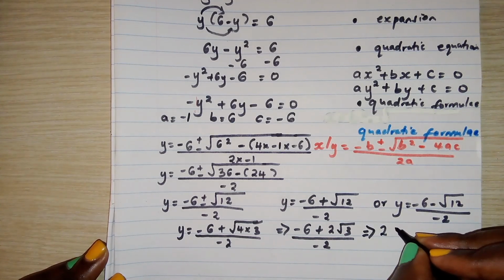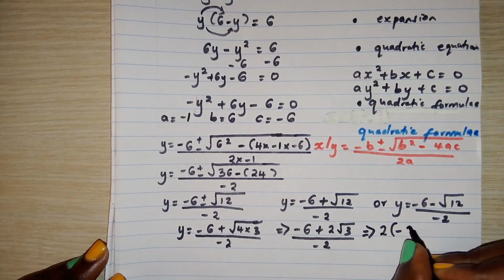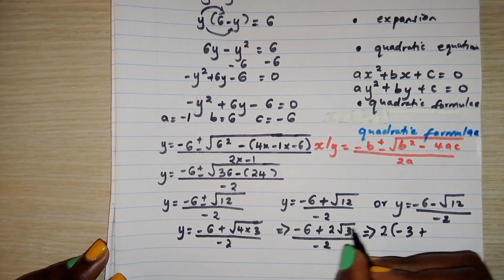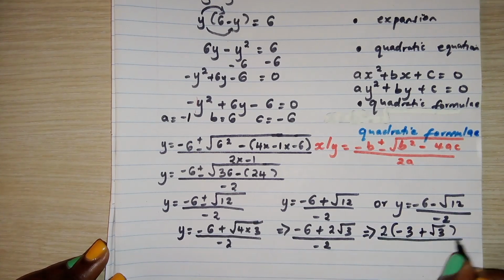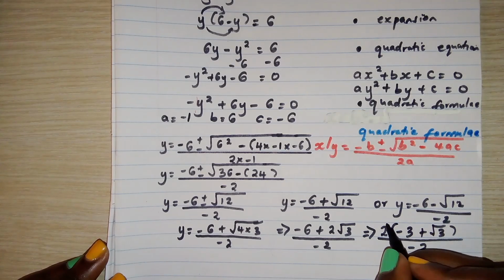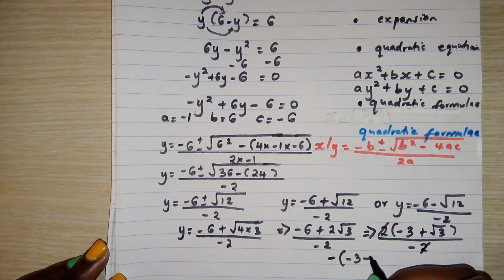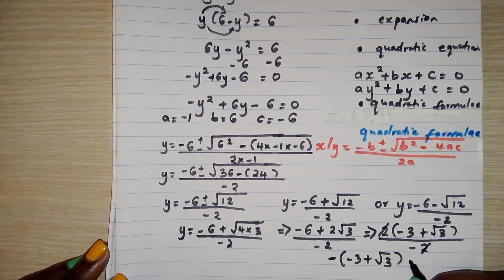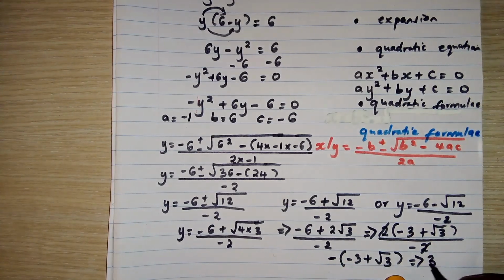So 2 goes outside. Then you're left with negative 6 divided by 2, which is negative 3, plus this one divided by 2, which is just root 3, all over negative 2. So we cancel the 2 with this one and you're left with minus, bracket, negative 3 plus root 3. We can open the bracket. Negative times negative 3 would be positive 3 minus root 3. So that's one of the y values.